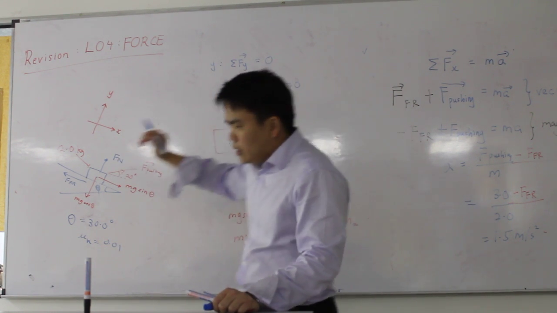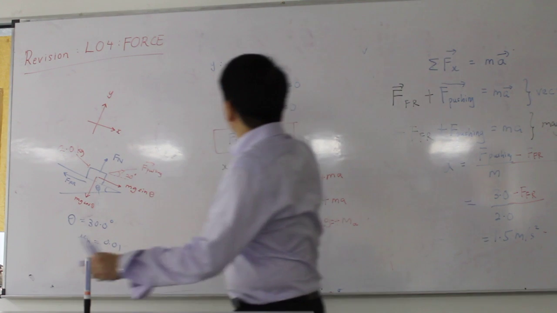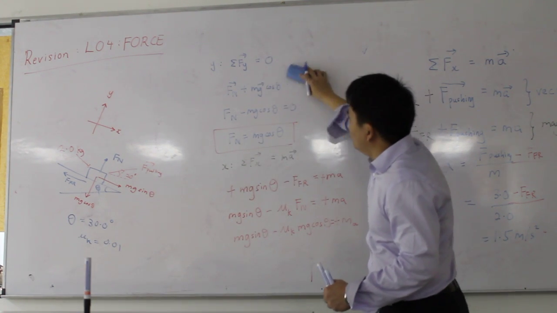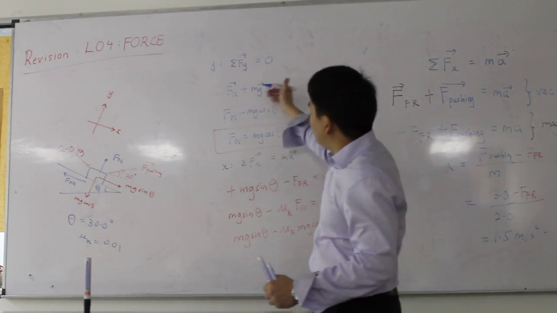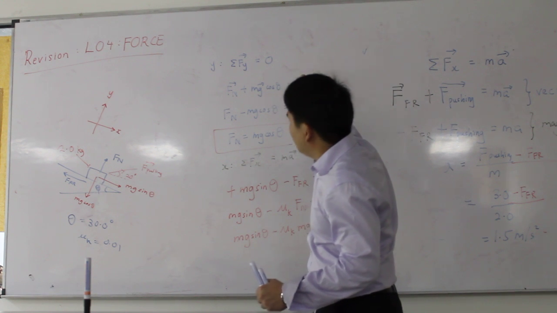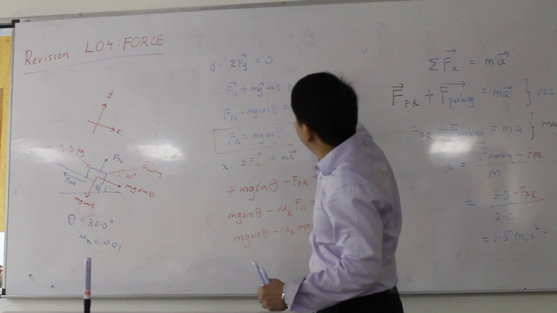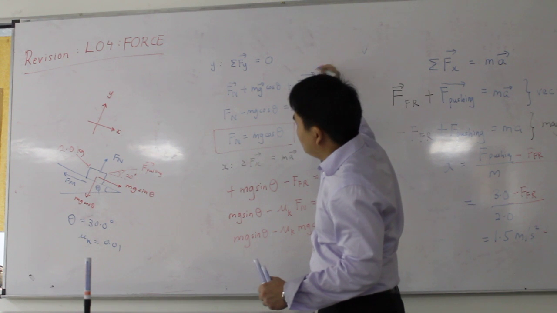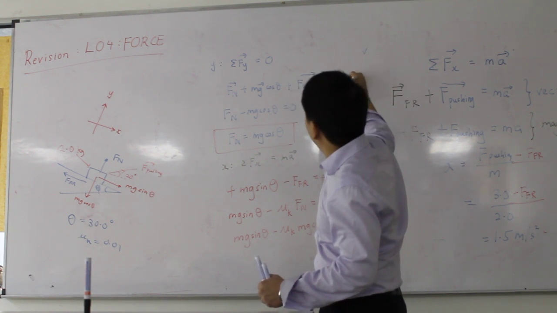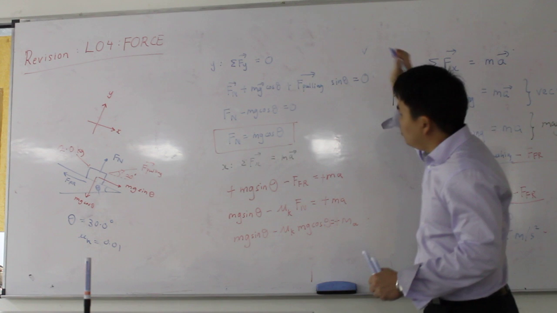So let me continue. Still the same thing, sigma Fy equals 0, and Fn plus mg cos theta plus F pulling sine theta equals 0.